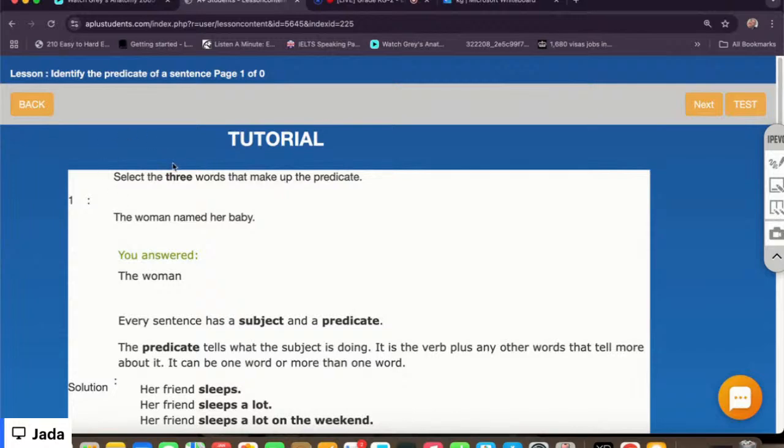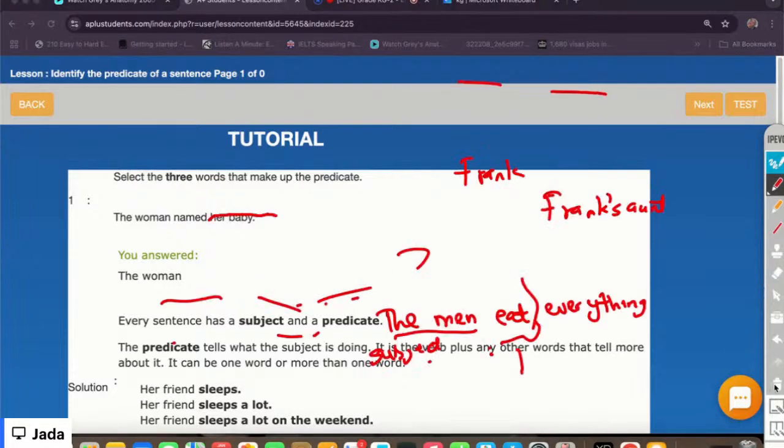Okay, so select the three words that make up the predicate. The woman named her baby. What are the three words here that make up the predicate?